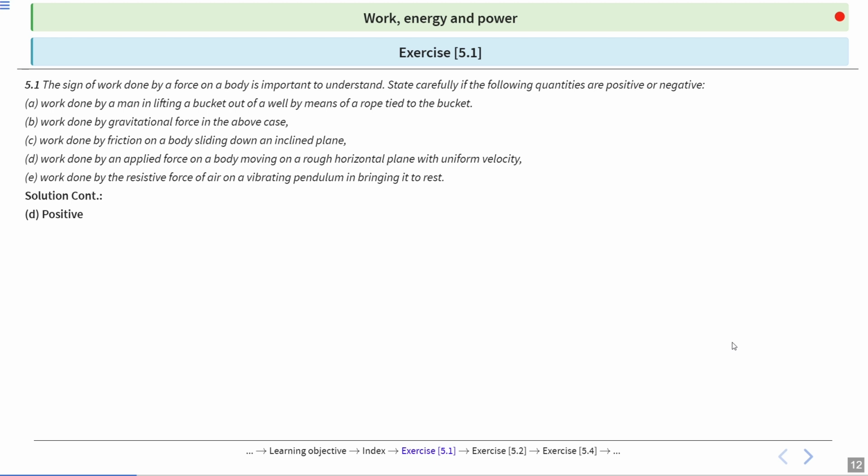D, work done by an applied force on a rough horizontal plane with uniform velocity. In this case, the body is moving on a rough horizontal plane. Suppose we have a body, and we apply force F in the forward direction. There is a frictional force that opposes the motion of the body and acts in the opposite direction of the applied force.